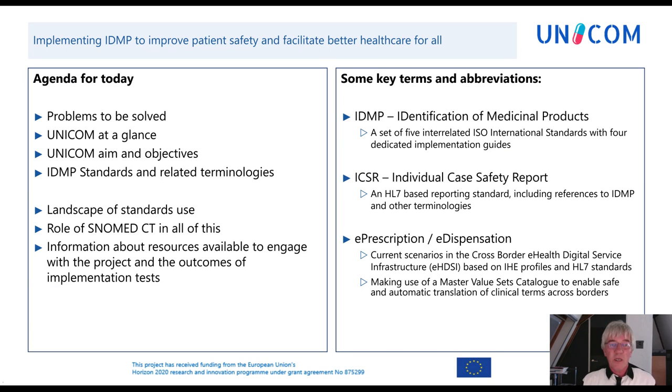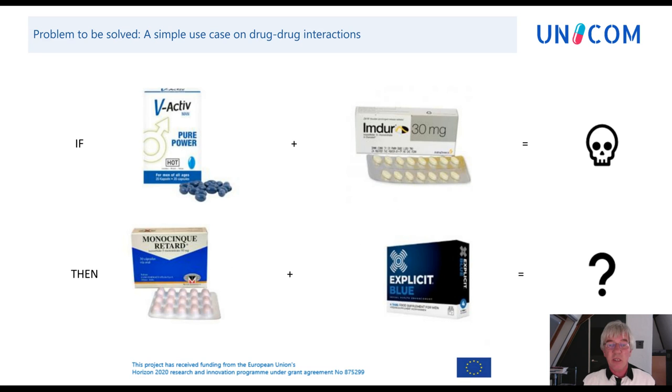So what are we trying to solve? We said patient safety is important and better healthcare for all, but what does it mean? Let me give you one example. If we know that V-active and Imdur, when taken combined, are possibly lethal, what does that mean for the other combination of medication that's listed here?